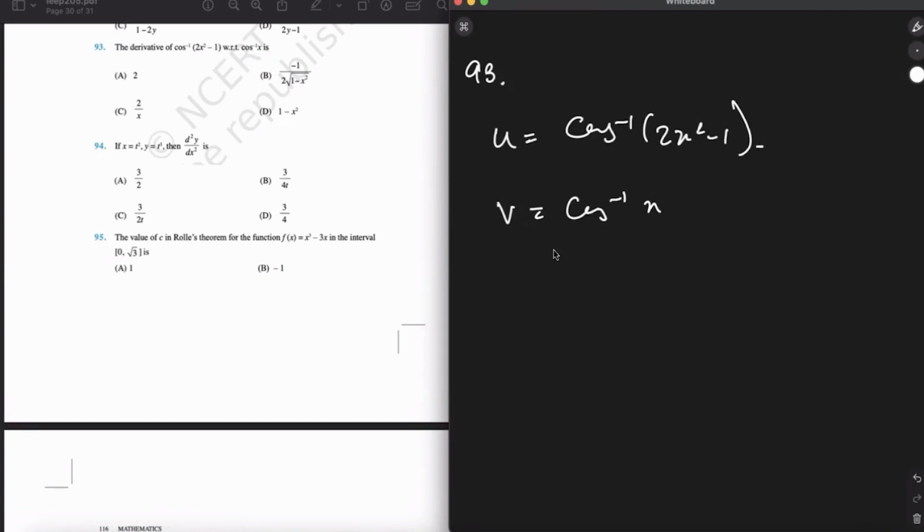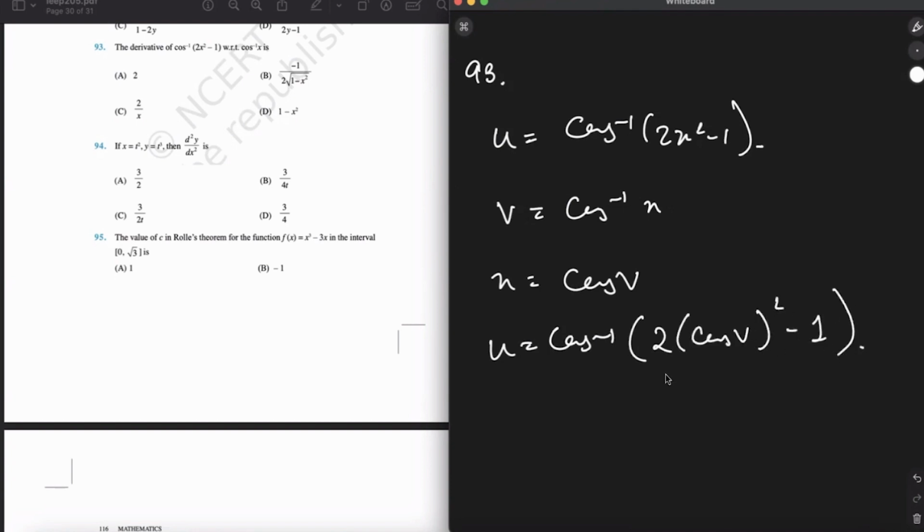Now, one method is that, and can you do anything else? See, there is x inside over here. So I can write x equals cos v, and then u and v will be all that I'll be left with. So 2 times cos v whole square minus 1. Okay, so it is getting simpler for us.